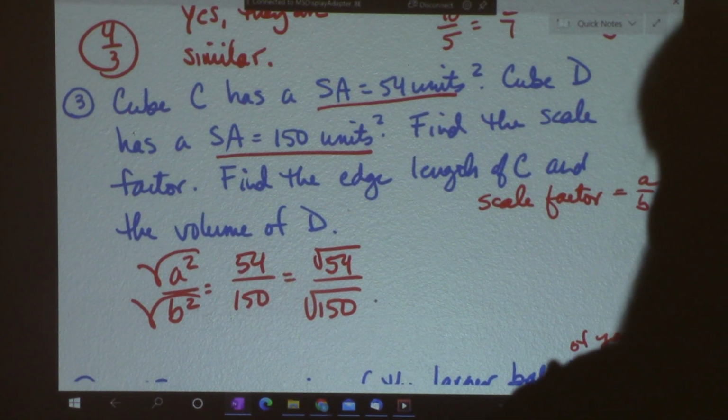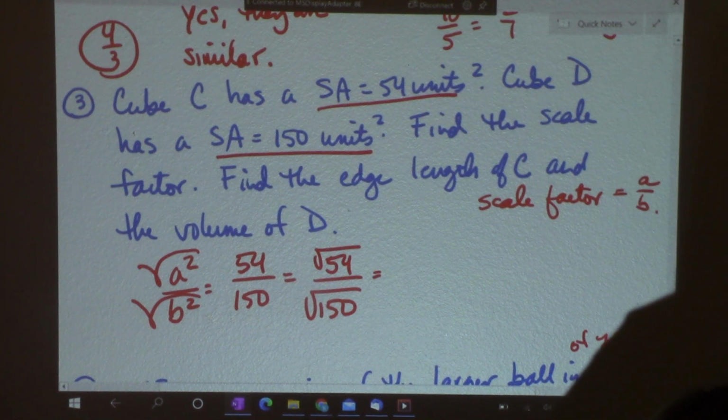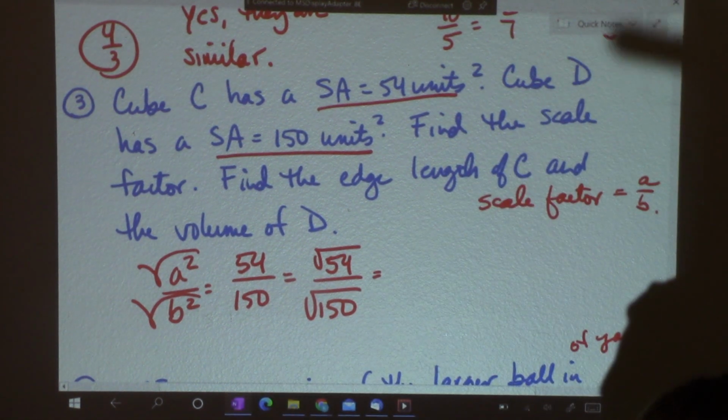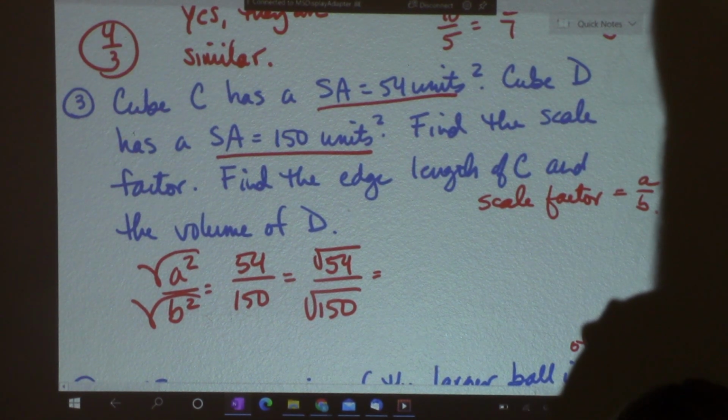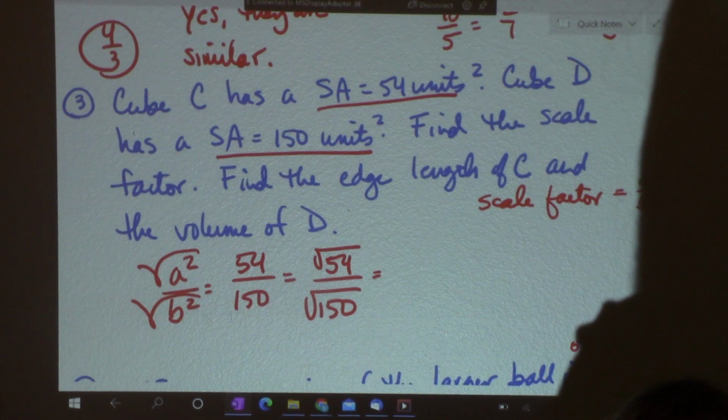So what perfect squares are factors of 54? Well, what are the perfect squares? We've got 4, 9, 16, 25, 36, 49, all of those. I hope you remember those from Algebra 1. If you don't, this is a nice little refresher. So 54, does 4 go into 54? It does. Let's see if there's something bigger.